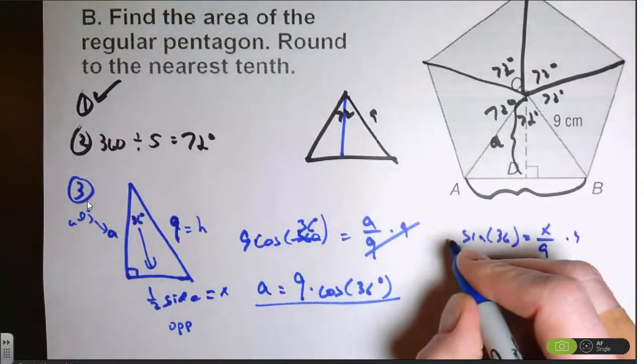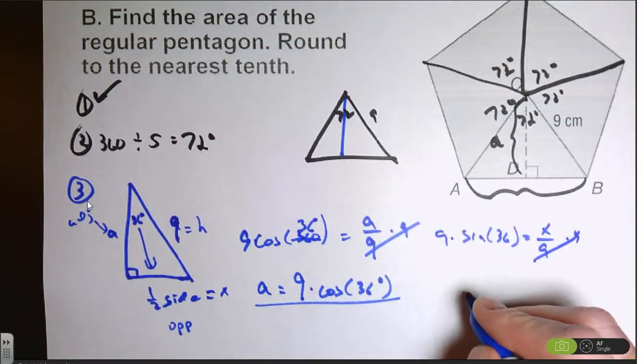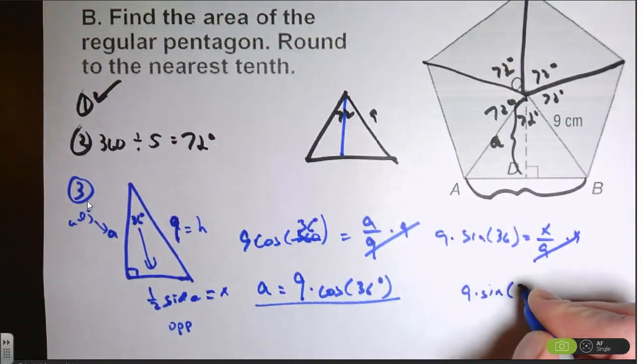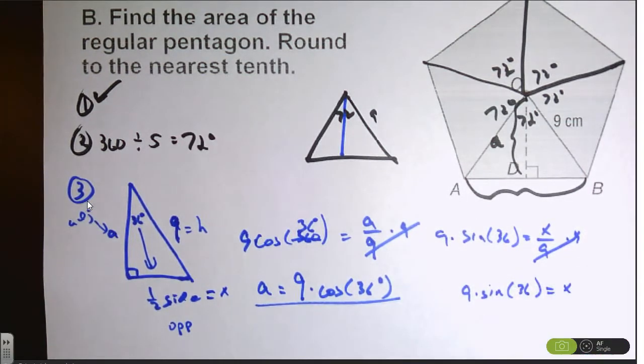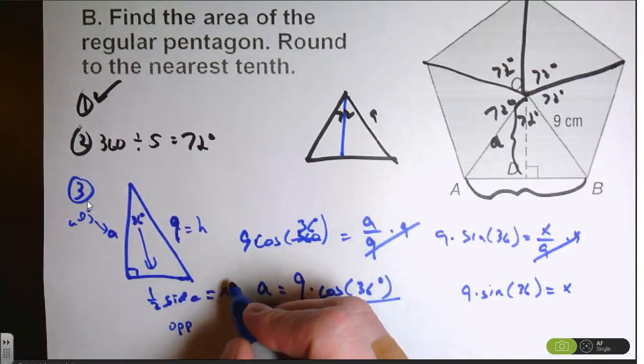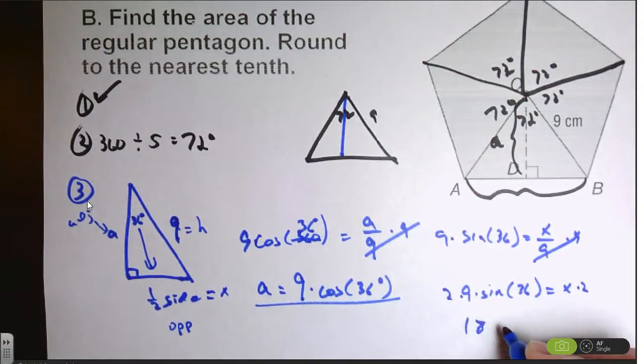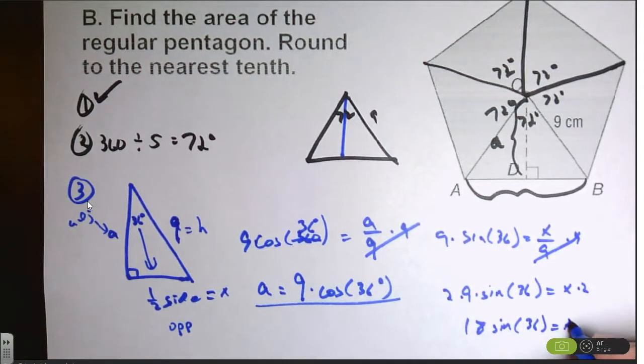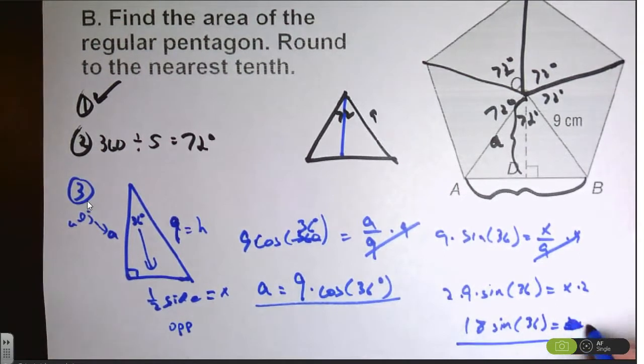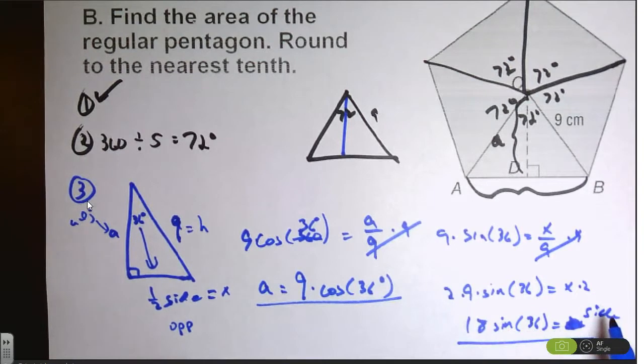So multiply by 9. 9 times the sine of 36 equals x. But that's only half the side, so I'm going to double it to get the full side. So 18 times the sine of 36 is the full side.